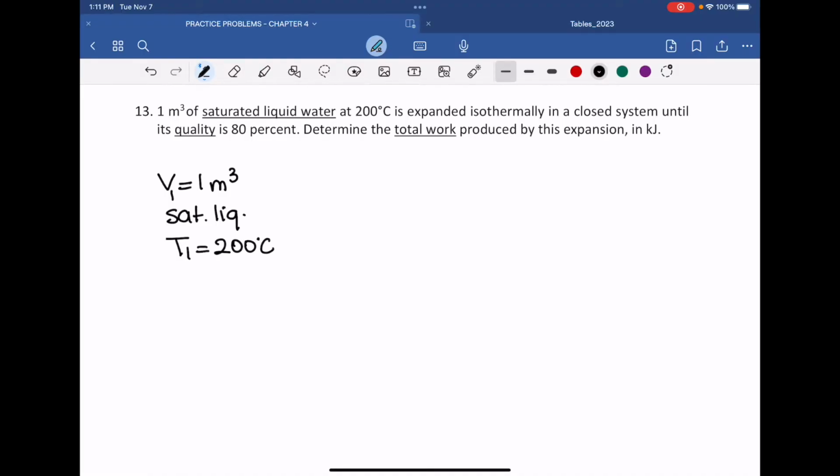Expanded isothermally, meaning the temperature doesn't change, and expansion means there is boundary work, and at the end quality becomes 0.8. So it's a mixture. Determine the boundary work.